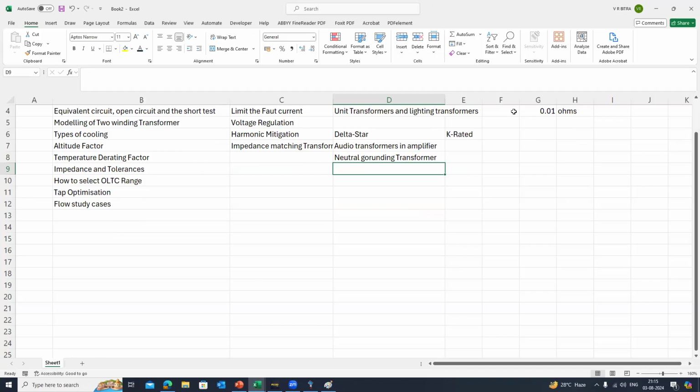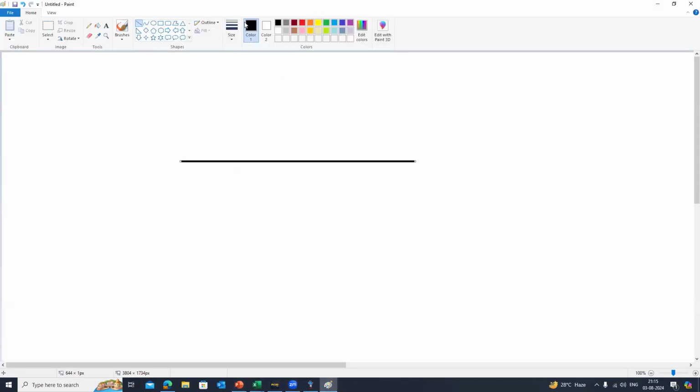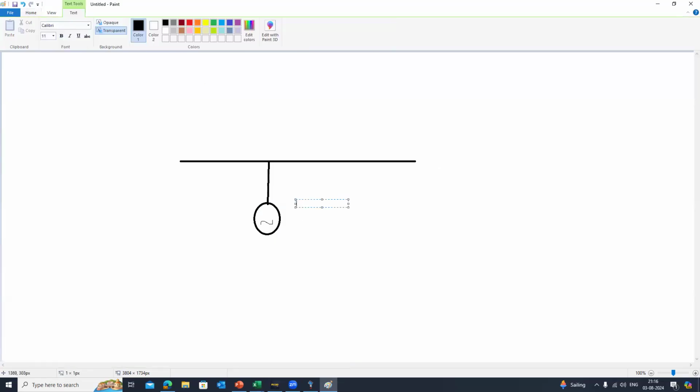If you do not really understand the purpose of the impedance matching transformer, I will give you quick details. Let's suppose you are having a generator, and I want to limit the generator fault current. Suppose this is a 500 megawatt generator and the generator rated voltage is 21 kV.